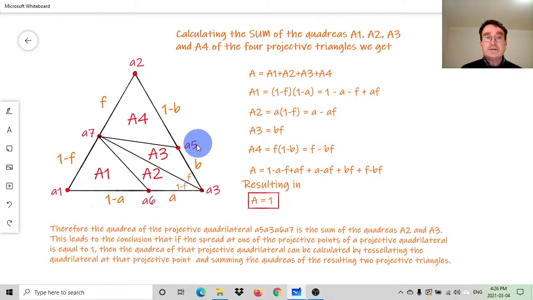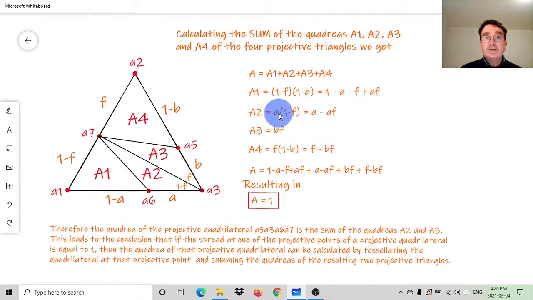So A1 is 1 minus F times 1 minus A, because the spread here is 1. A2 is A times the spread 1 minus F times the quadrance of this line segment, which is 1.